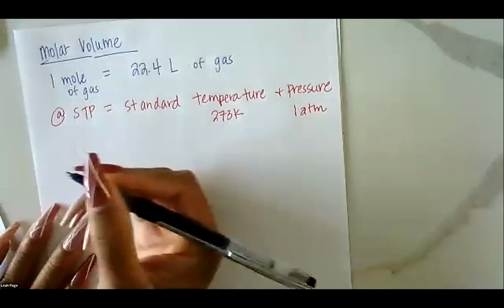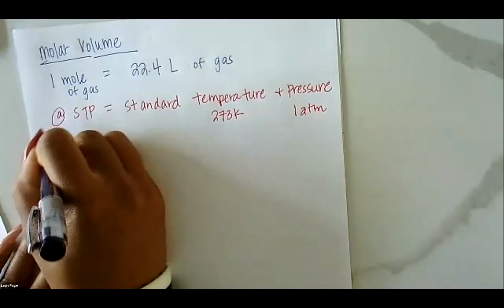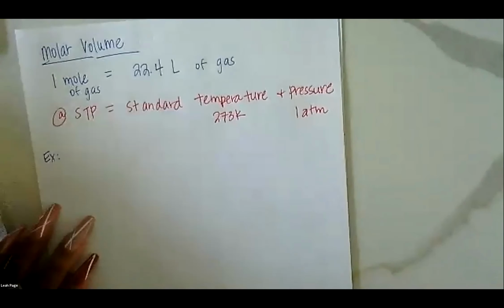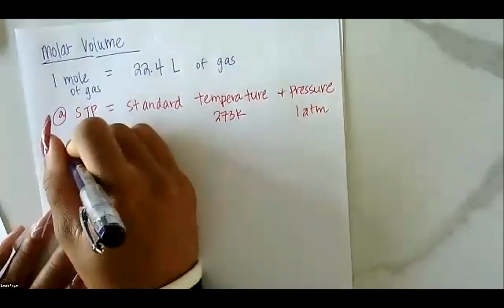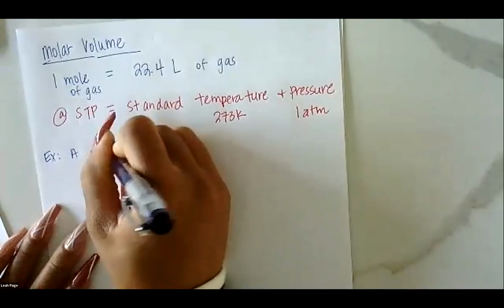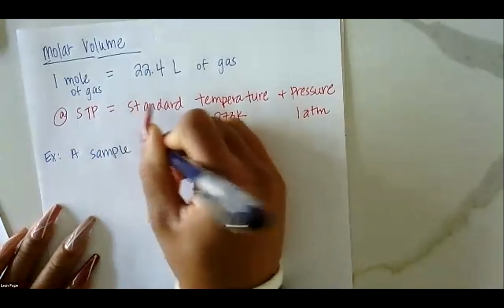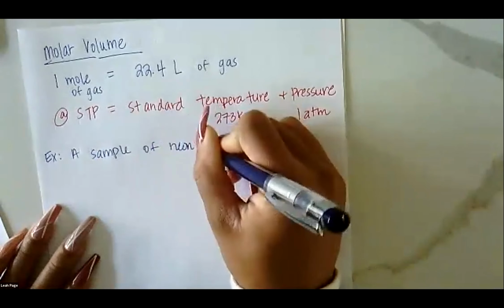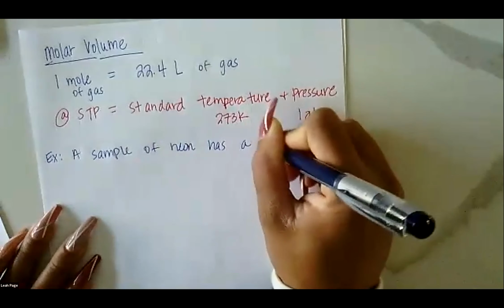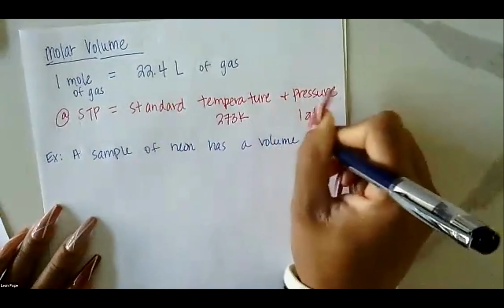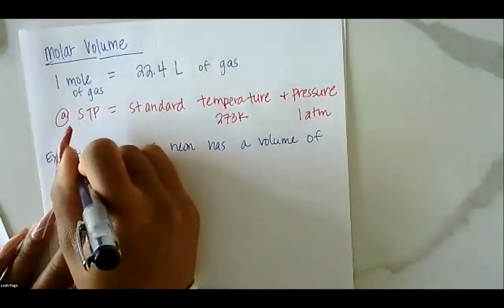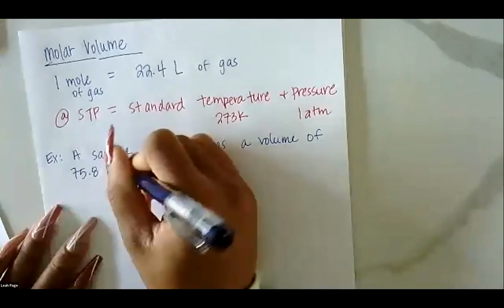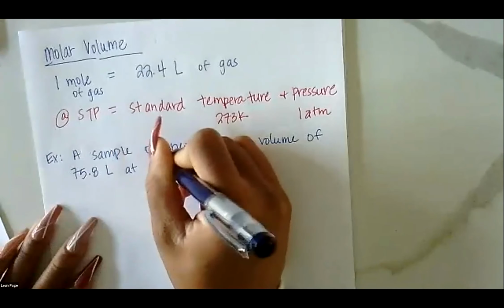This first example says, a sample of neon has a volume of 75.8 liters at STP.